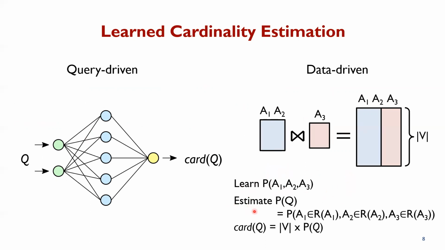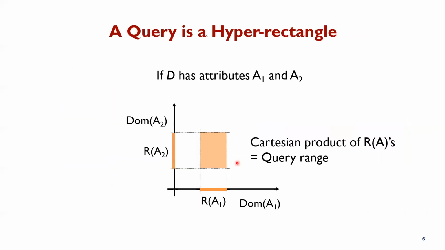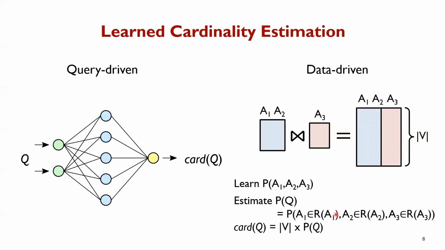Then, given a query, it estimates the query density, which is the density of the hyperrectangle here. Then, the cardinality can be computed as the product of the full join size and the query density.